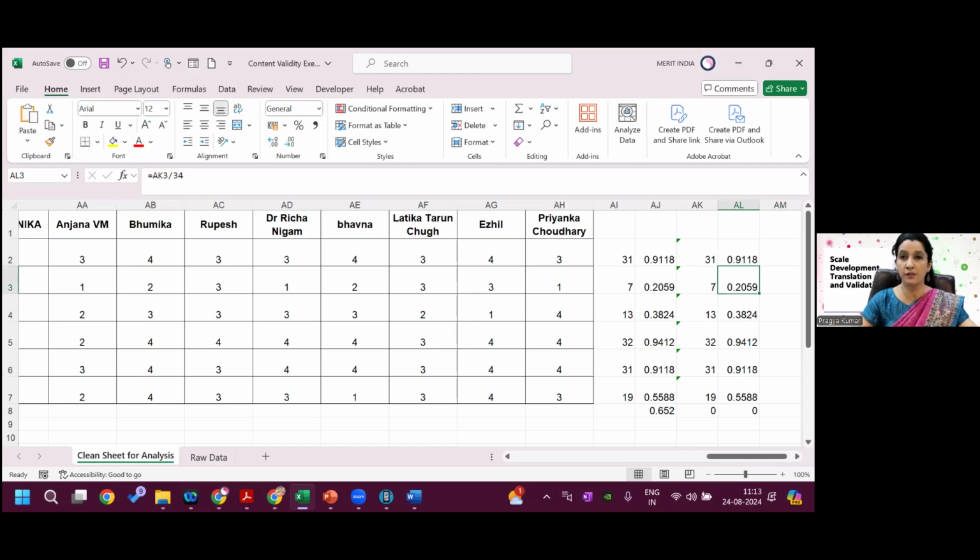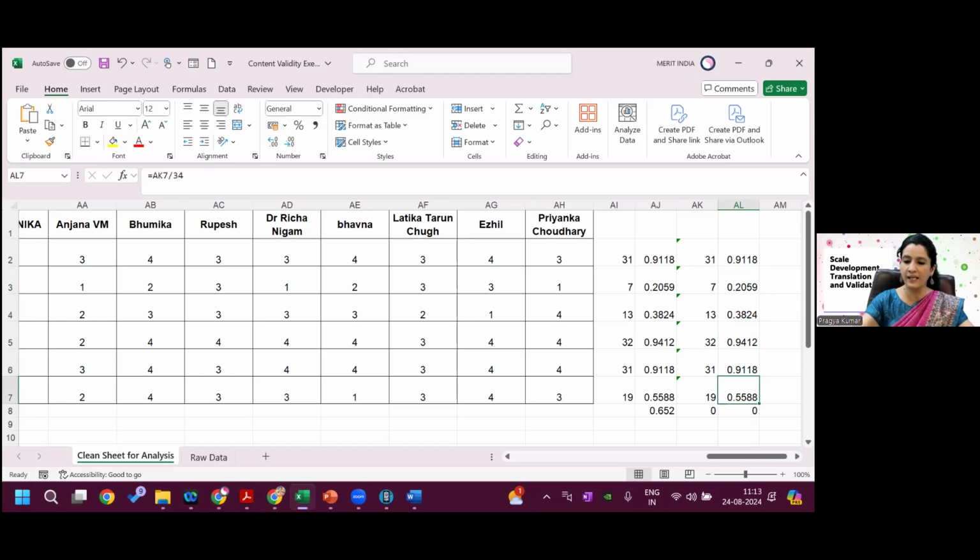No, because it is only 0.2. What about item number 3? No. Good. What about item number 4? Yes. What about item number 5? Will you keep it? Yes. What about item number 6?